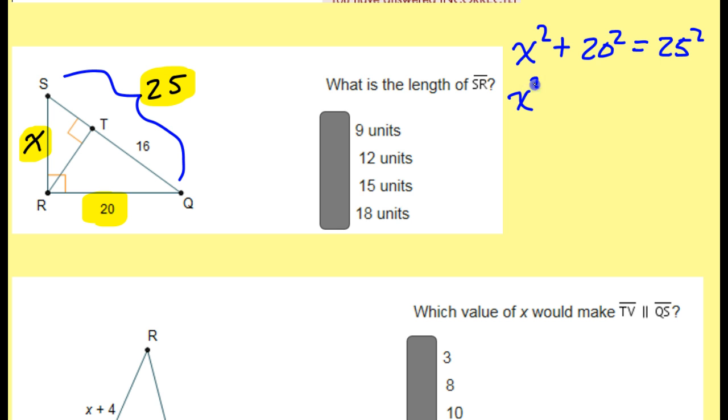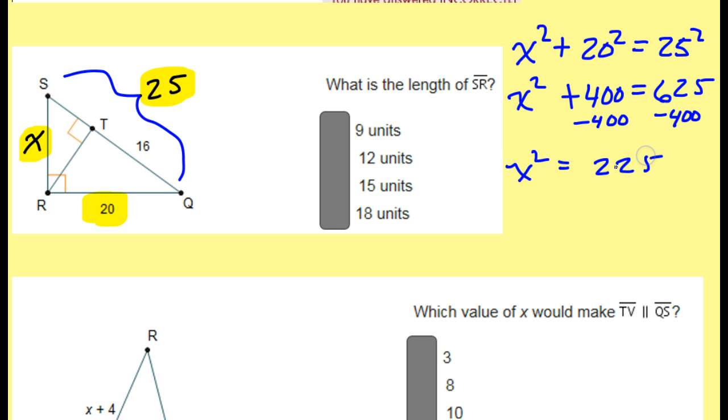So this will be x squared plus 400 is equal to 625. If we subtract 400 from both sides, that's going to leave us with 225.